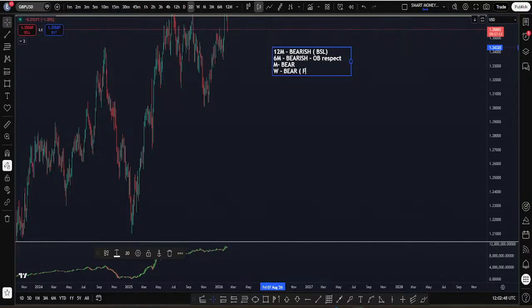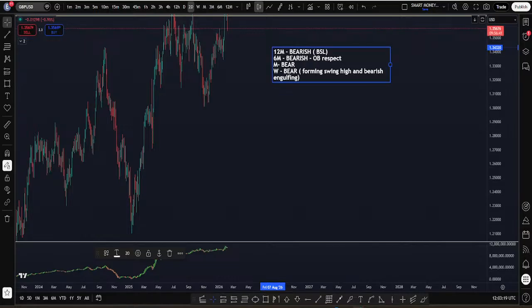So I'm going to put forming: swing high and bearish engulfing. Okay, I think that's fair. All right, so that's for forming.